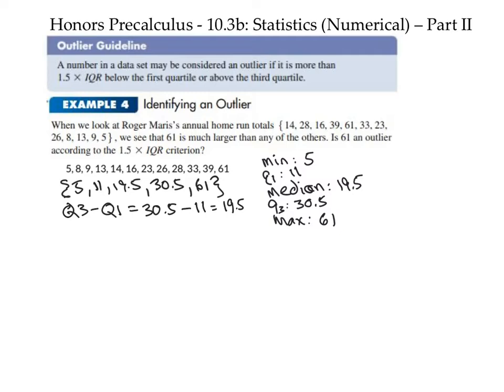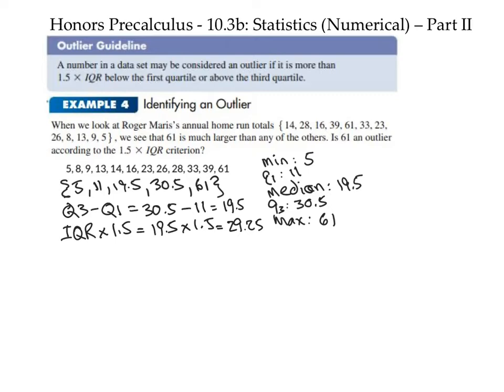So let's multiply the interquartile range times 1.5. That's 19.5 times 1.5, and that is 29.25.